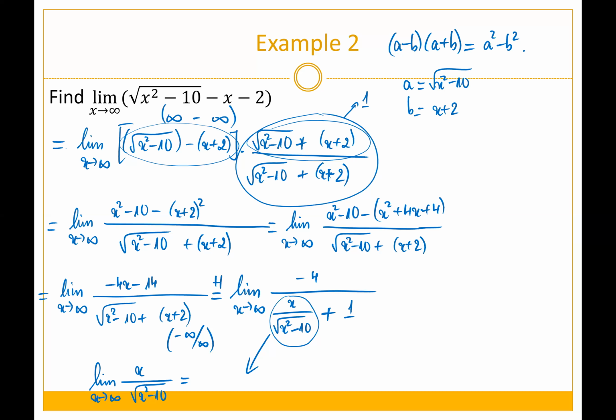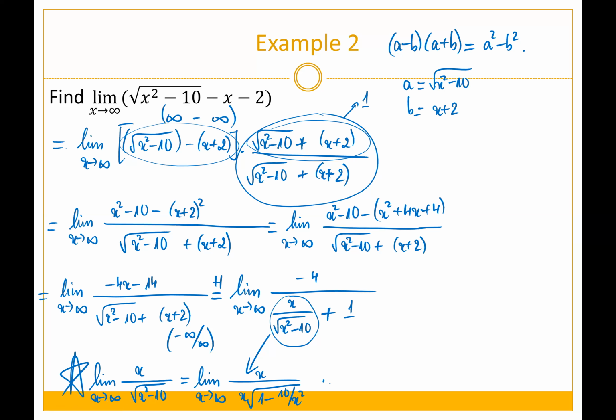So what happened here is that this is also one of the special things that I want to note in this example: there is a difference if x is approaching negative infinity. This is because if x is approaching negative infinity, when you take it out of the square root, you're going to have x over, 1 minus 10 over x squared. This is for x approaching infinity.